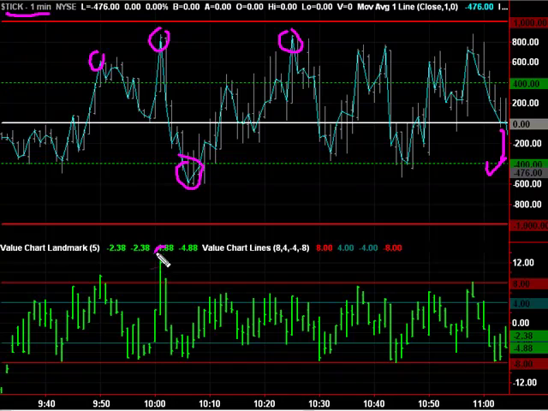So you can see here, this point here, which corresponds to here, it was an extreme point on the ticks. It wasn't really extreme, but based off the look back period of here, you would say that that was extreme. Normally we would say anything above plus or minus 1,000 is an extreme reading on the ticks.